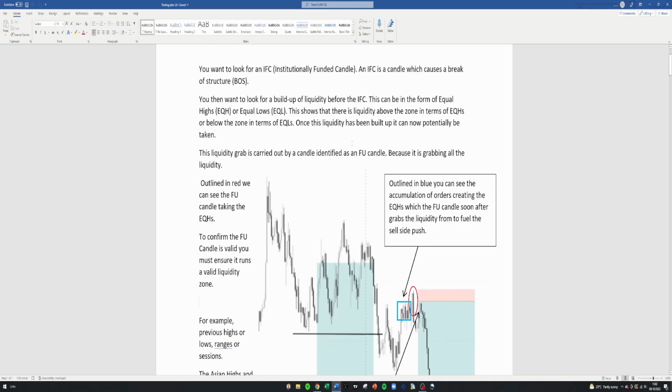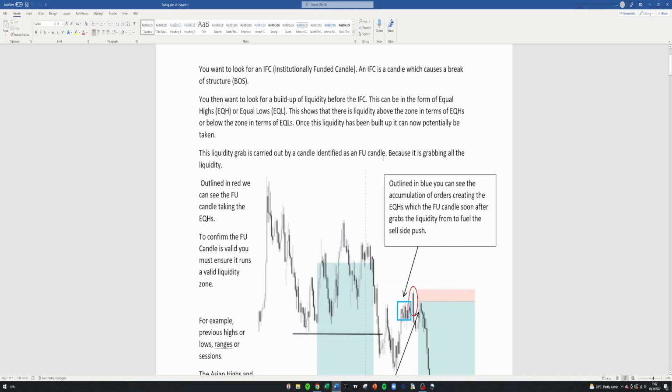Equal highs show there's liquidity above the zone, and equal lows show liquidity below the zone. Liquidity above is known as buy side liquidity, and liquidity below is known as sell side liquidity. Once liquidity has been built up, it has the potential to be taken out, and this is seen as a liquidity grab.